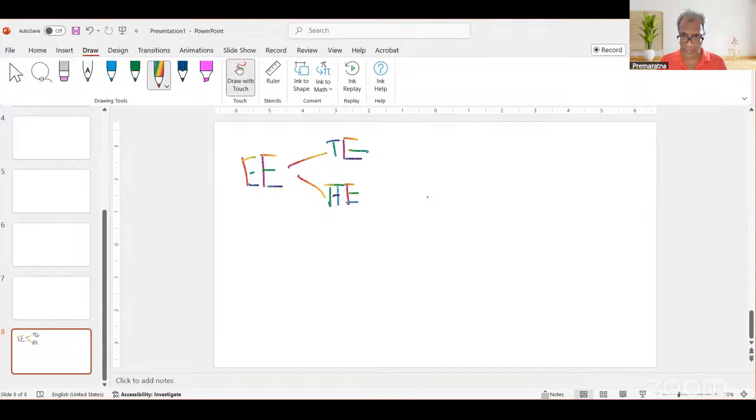We also discussed that we have to look at the short run behavior and the long run behavior.